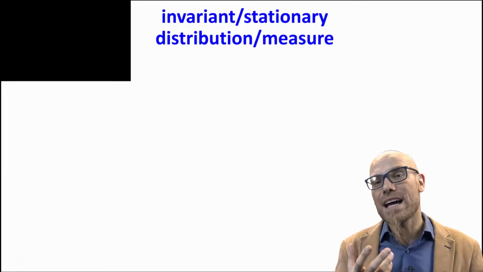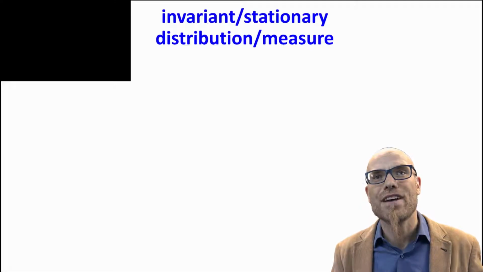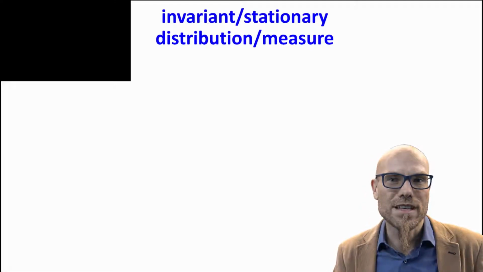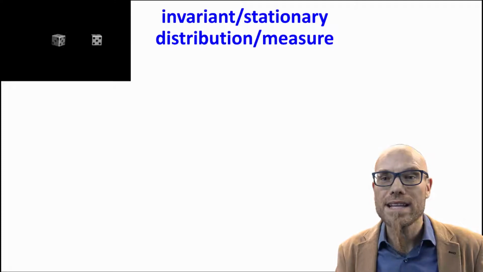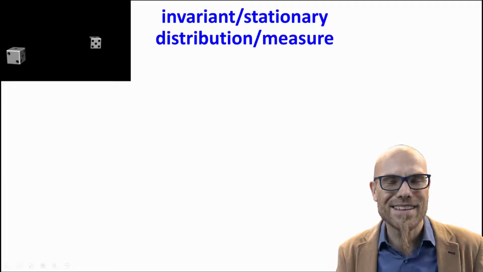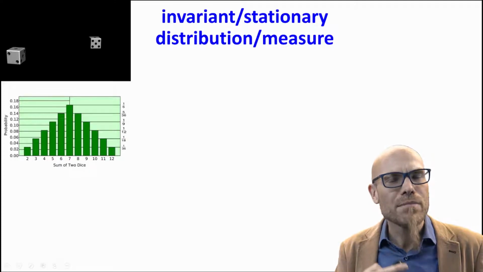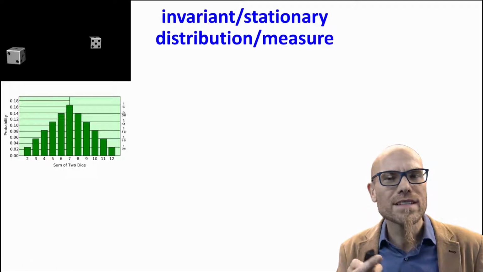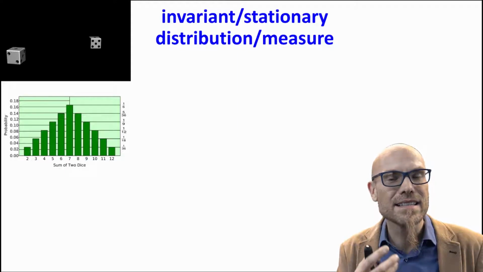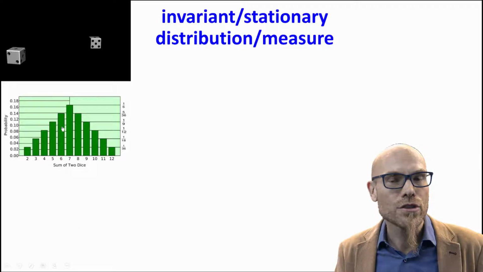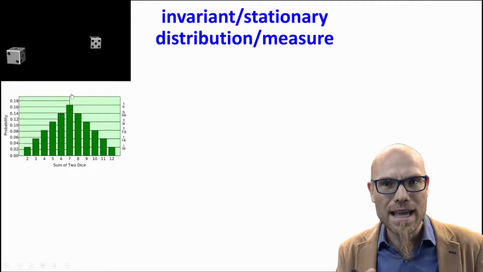The outcome of that is called an invariant stationary distribution. That's because you roll the dice. If you roll the dice, it's a probabilistic event and it turns out to be something. But on average, you know that if you roll two dice, the most likely sum of these two dice is 7.